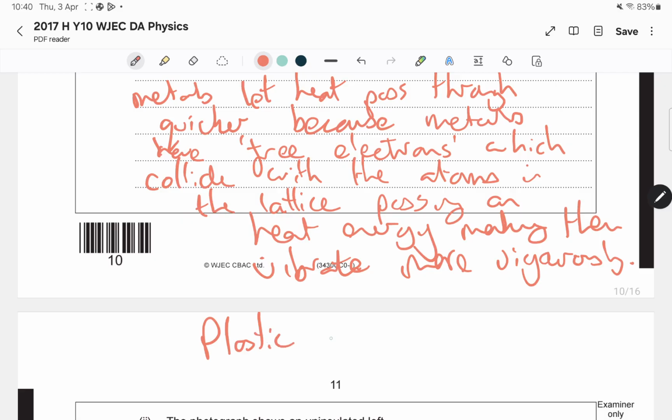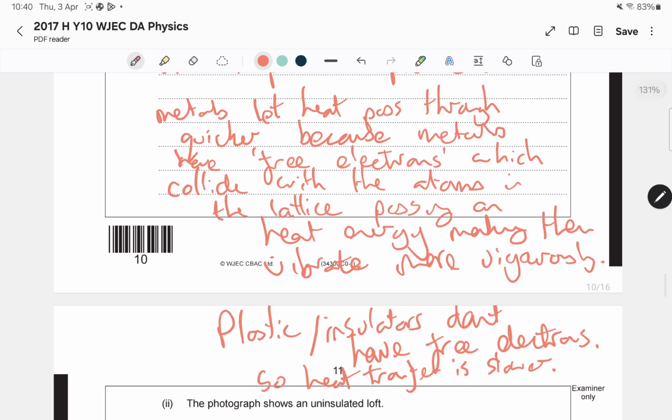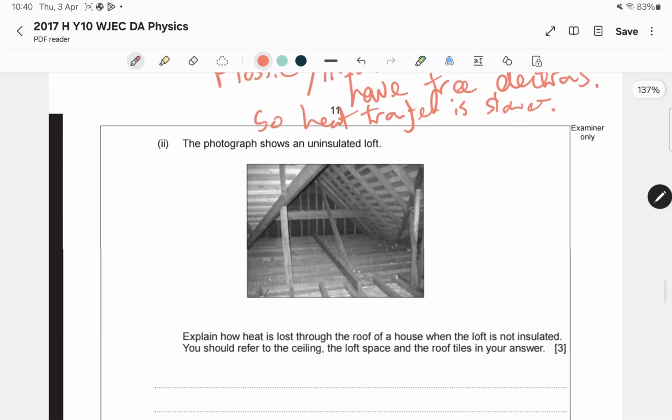Plastic or other insulators don't have free electrons, so the heat transfer is slower, and that pretty much answers the question.